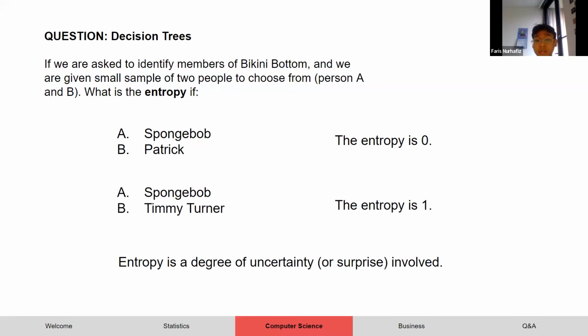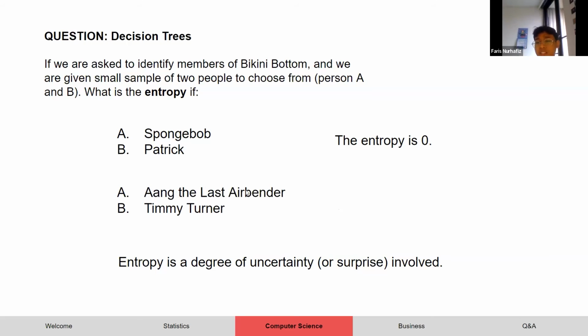But when we pick from samples consisting of SpongeBob and Timmy Turner, there is maximized uncertainty. There is about a half likelihood of picking a Bikini Bottom member and a non-Bikini Bottom member.